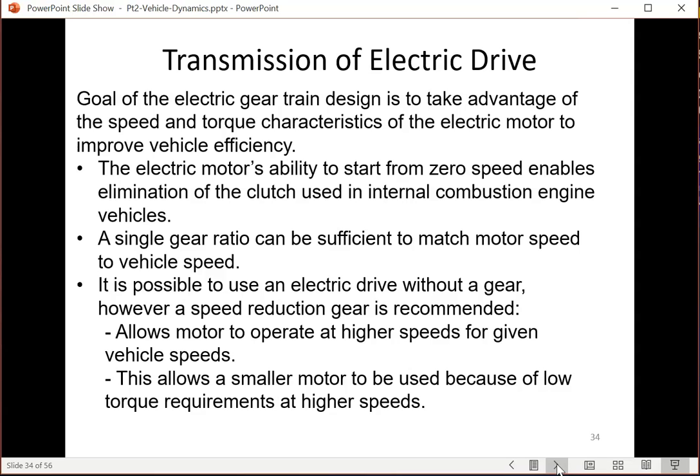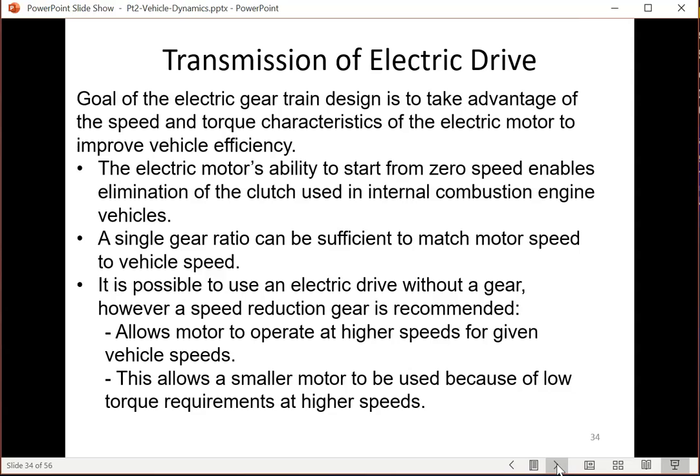Whereas for internal combustion engines, if you drive, you will know, a typical modern car will have at least 5 gears. That means 5 different speed ratios. Some cars will have 4, in olden days some old cars had 4, and some newer cars will have 6.